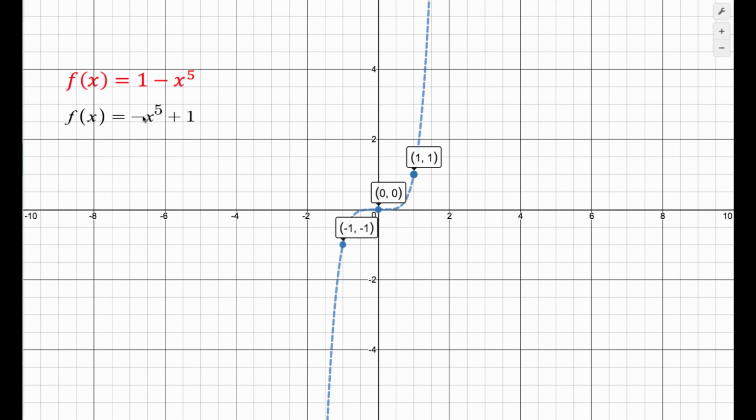Well, this negative causes our graph to have a reflection about the x-axis. When we reflect this about the x-axis, it changes our y values. So when we graph this, we get a graph that is now reflected here. So (1, 1) became (1, -1), and (-1, -1) became (-1, 1). So this is our reflected graph.